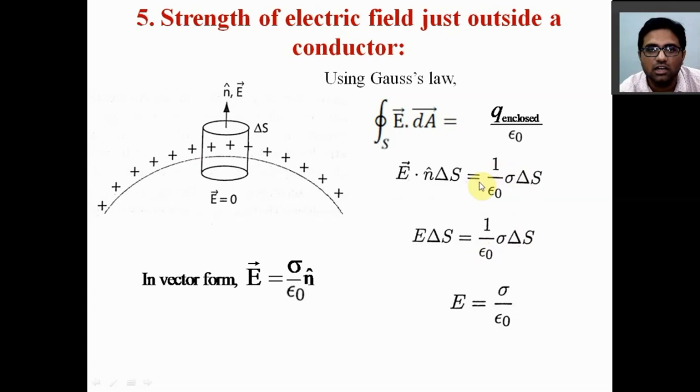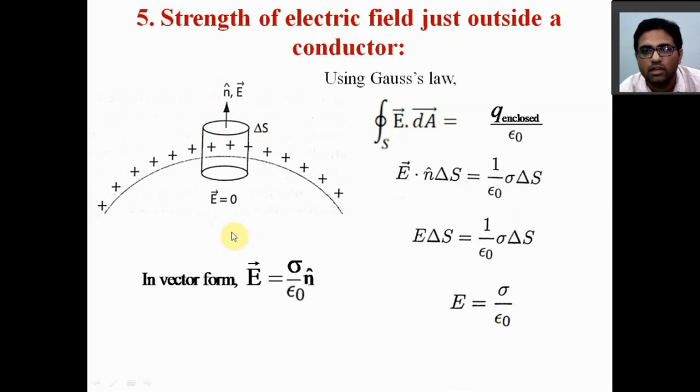Sigma here is the surface charge density, right? Now here you should note that charge is placed only on the outer surface of the conductor. Then we get the form of the electric field outside the conductor is sigma divided by free space permittivity.